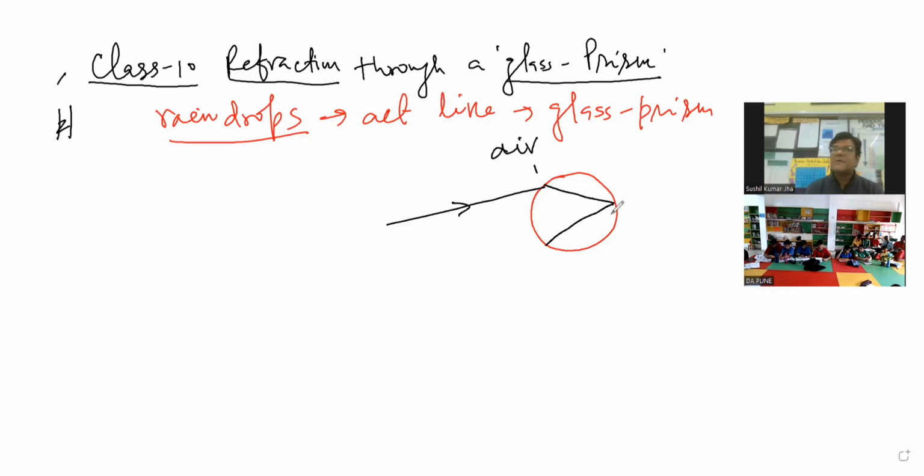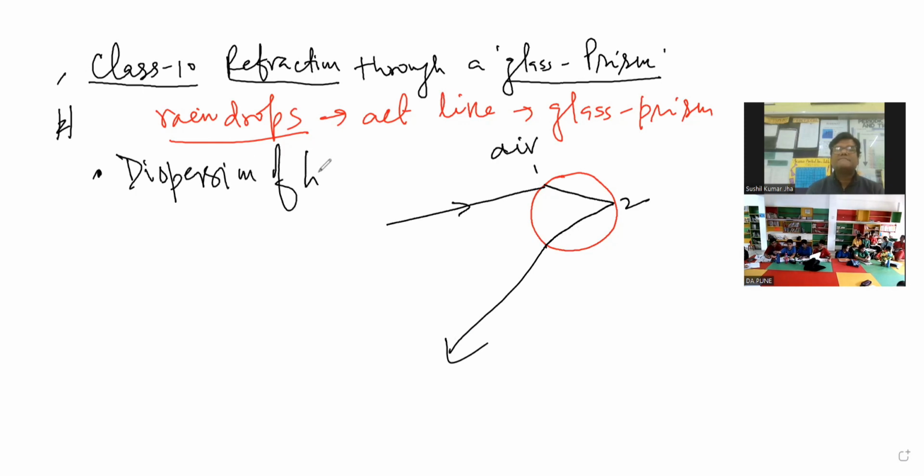Over here, point number 2, reflection, and then finally it comes out, which is refraction. So there are 3 things involved. First is dispersion of light. So we will write: rainbow is formed due to dispersion of light.